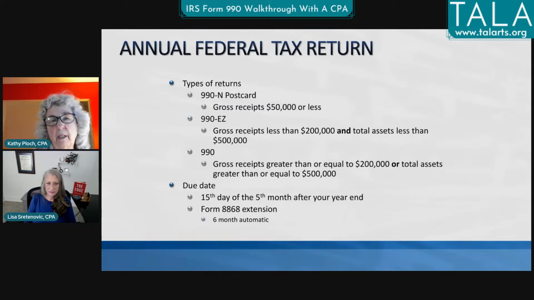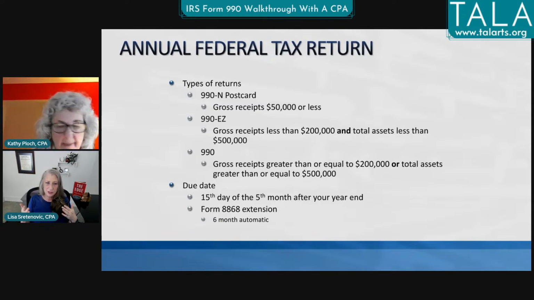So it's probably advantageous for you to do it, even though you might not need to. In other words, these are the IRS requirements. That doesn't mean that if you have $50,000 or less, you may or may not want to do an EZ. That's certainly up to you, but these are the IRS requirements.